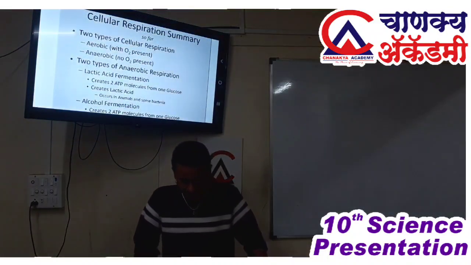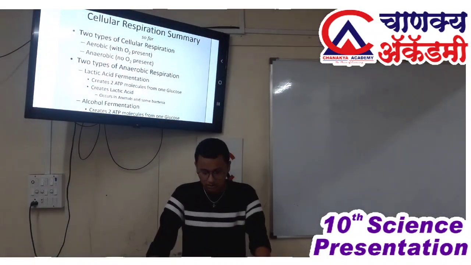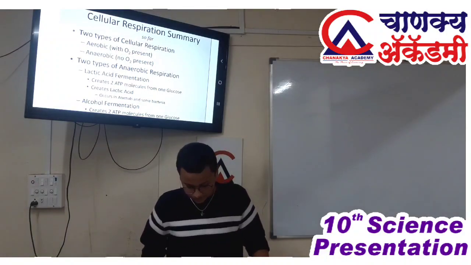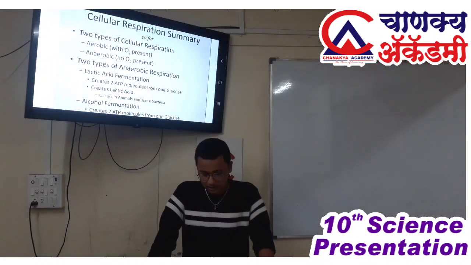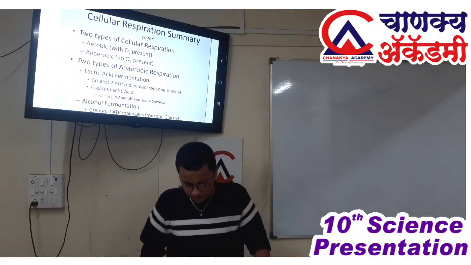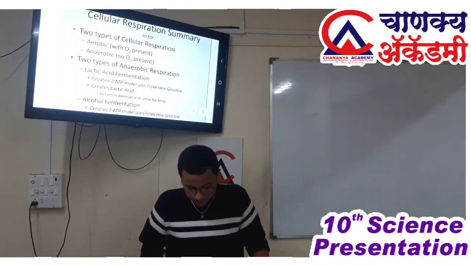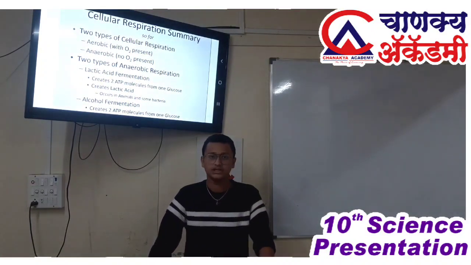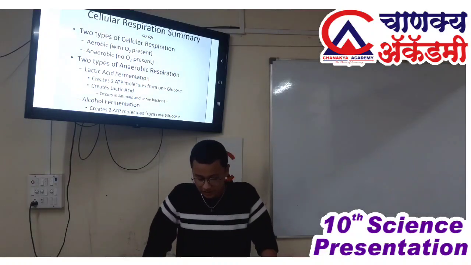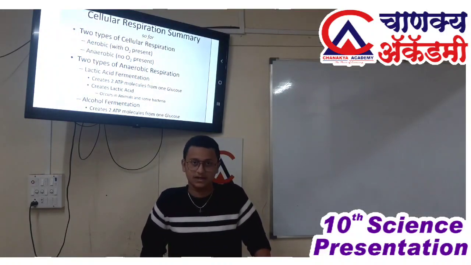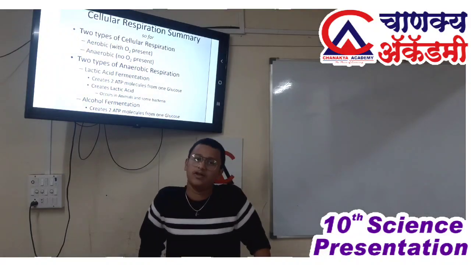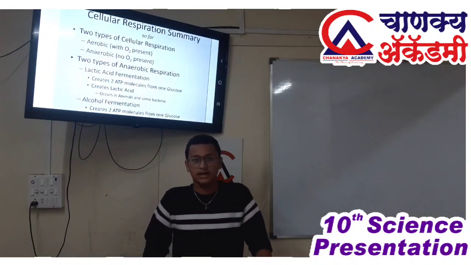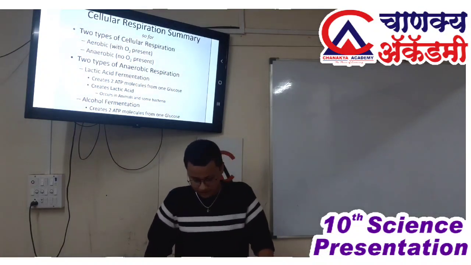The cellular respiration summary, meaning what we learned, I will say in short. The two types of cellular respiration: first is aerobic, with oxygen present, and second is anaerobic, in the absence of oxygen.